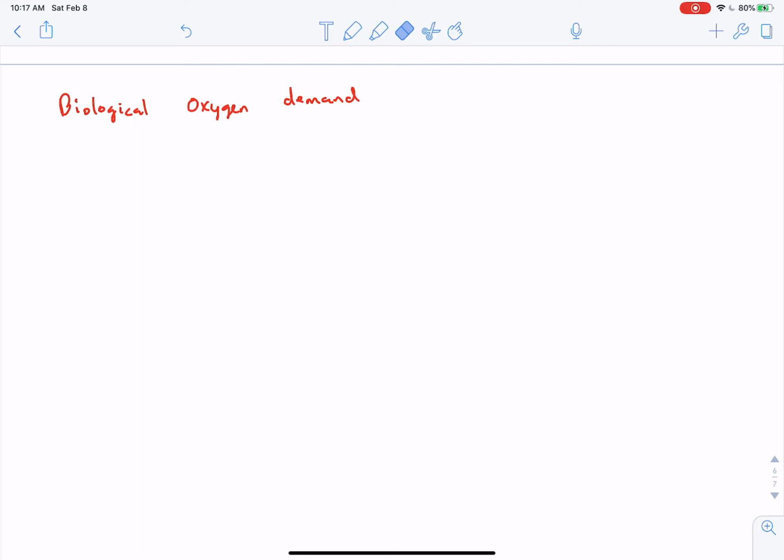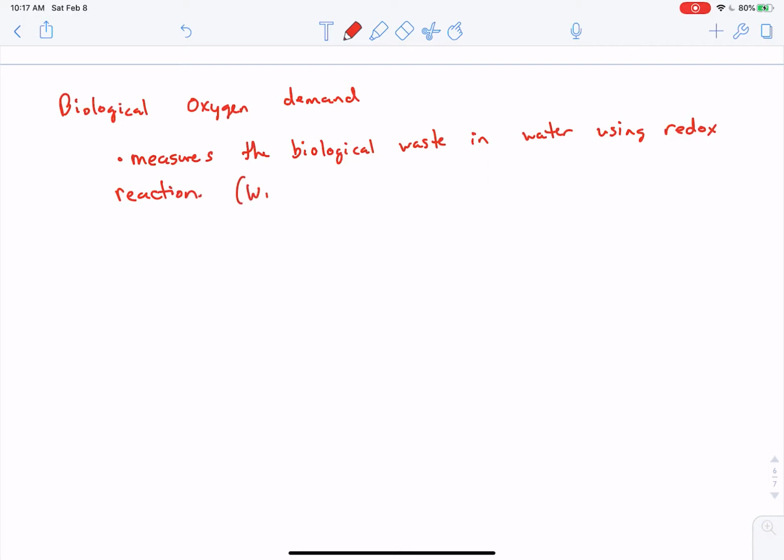And so biological oxygen demand measures the biological waste in water using a redox reaction. And you don't have to memorize all the reactions. This is called the Winkler method. I think they might reference it, but they're never going to ask you to cite the Winkler method.